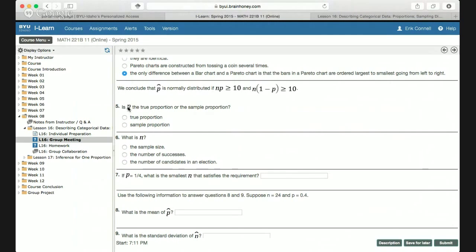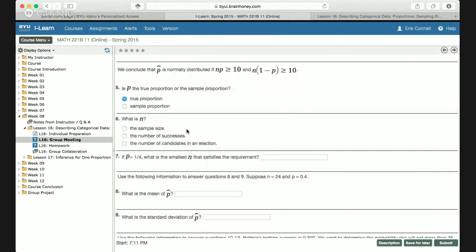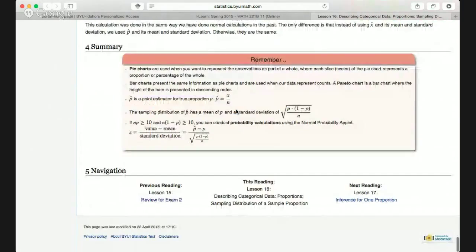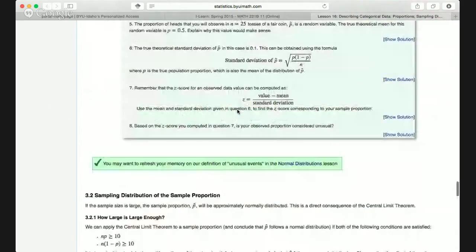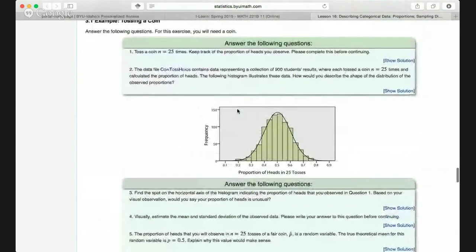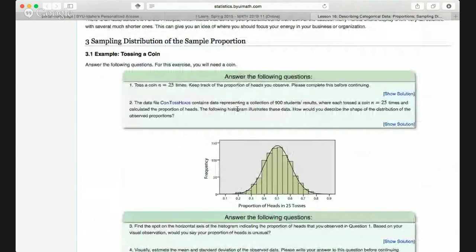So, okay, is p the true proportion or the sample proportion? So true proportion. What is n? Sample size. Yep. I don't think it's changed. Yeah, I'm pretty sure. Sample size.